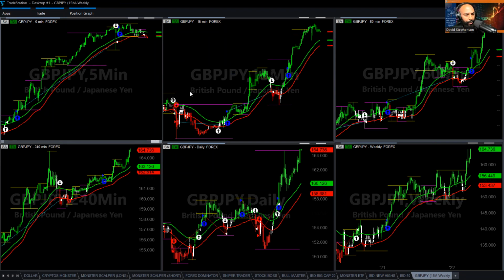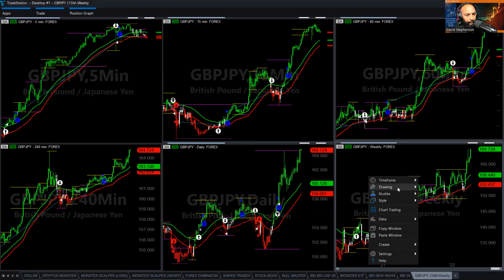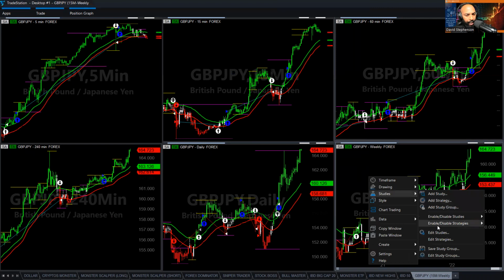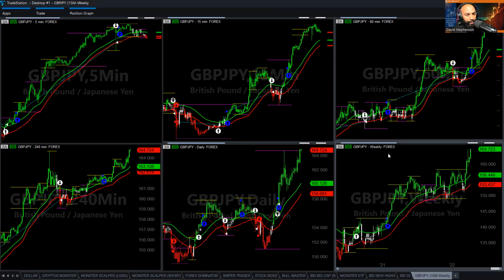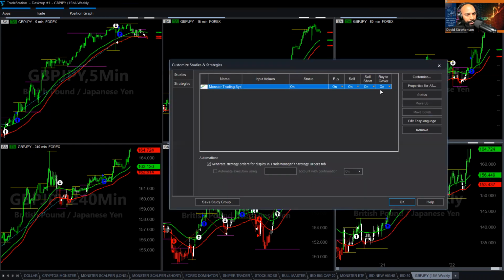And as you get going with using the trading systems, this is a good way to trade, especially the pound yen. We have several different time frames here, and stop me if you guys have any questions. Pound yen is my favorite pair to trade.